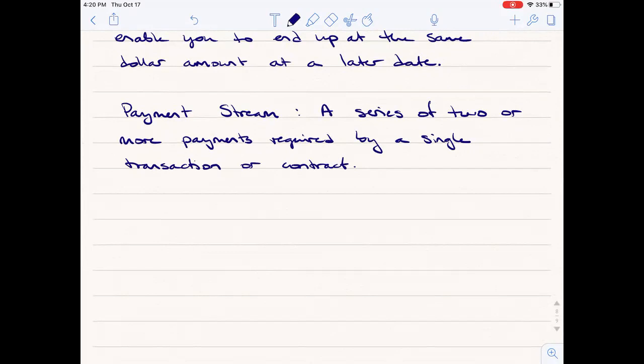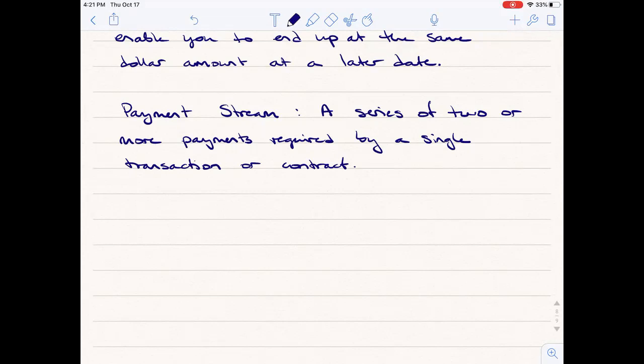So things like when you buy a car, if you're financing it, right, then you sign a contract that says that you're going to make a payment every month or bi-weekly or whatever, right? You're going to be making regular payments for some amount of time. That would be considered a payment stream. And we're going to talk more about those types of payment streams later on, because that's actually an annuity, where we have these regular payments coming out.